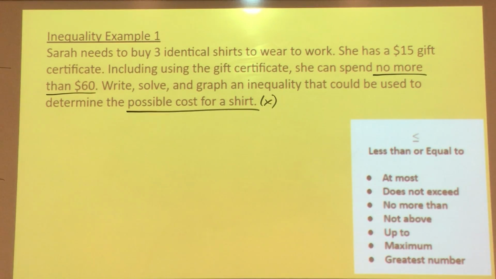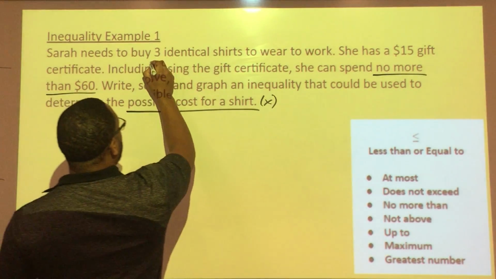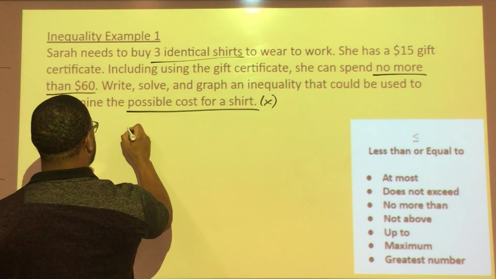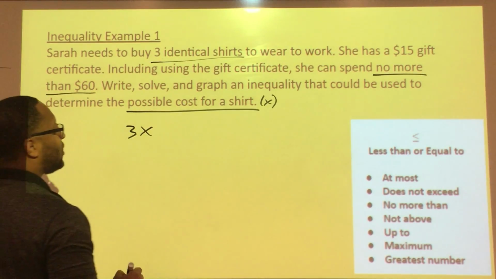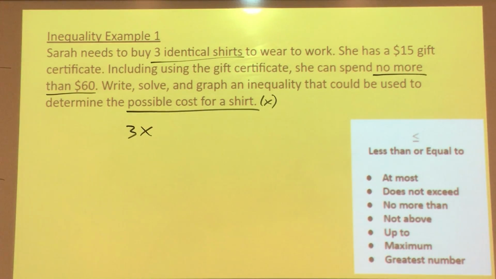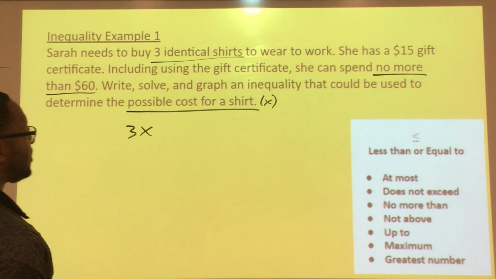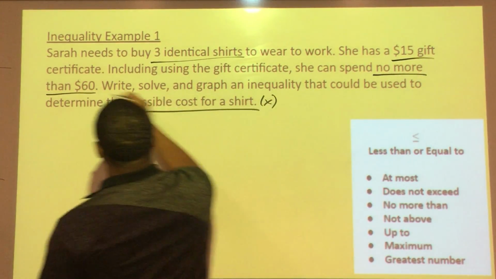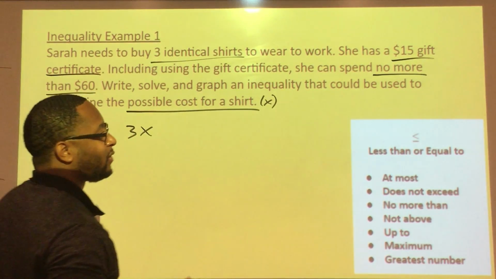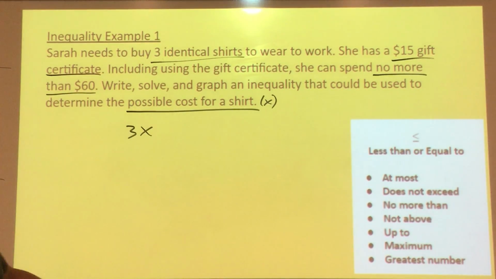And it is. They told us that she bought 3 identical shirts. So this inequality is going to start 3x. So it also says that she has a $15 gift certificate. Now, how does a gift certificate work? Does a gift certificate add to the cost, or does it take away?